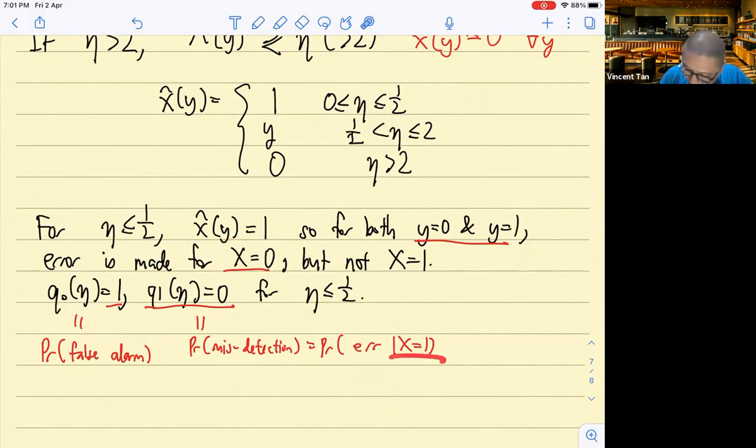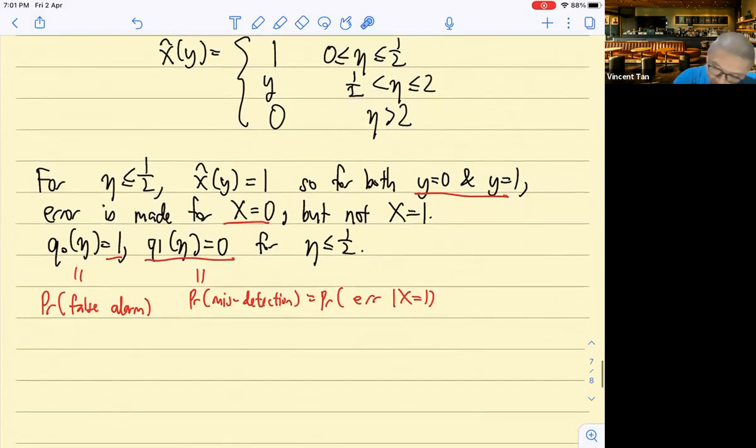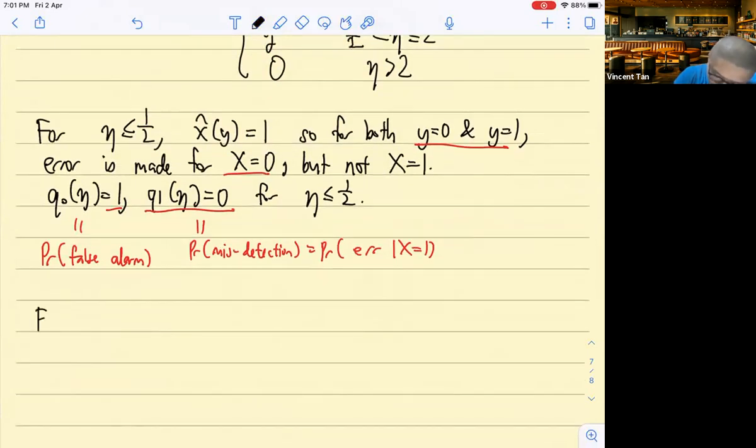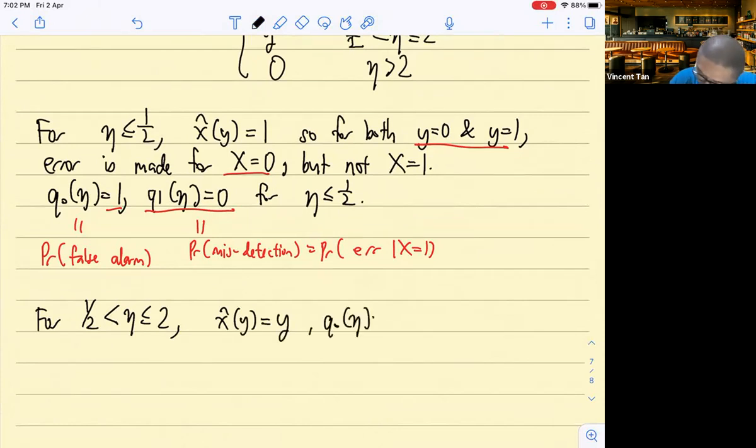Now, in the intermediate case, for eta greater than half and less than or equal to 2, we are doing maximum likelihood decoding essentially. So Q0 of eta is equal to Q1 of eta by the symmetry of the problem, and is equal to 1/3.